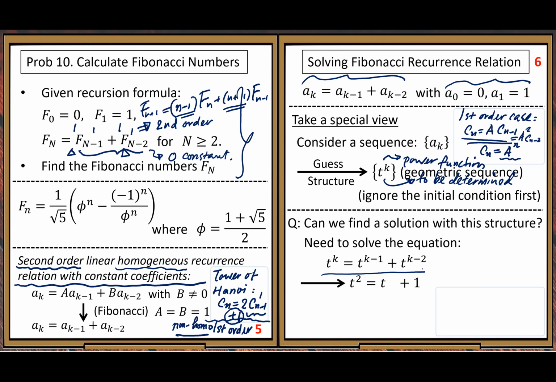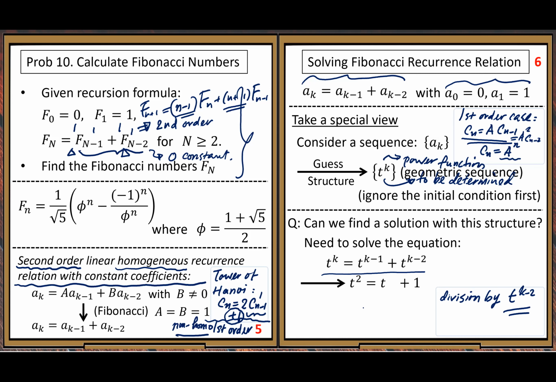After cancellation, actually we do division by the lowest power, t to the k minus 2. Do this division on both sides.